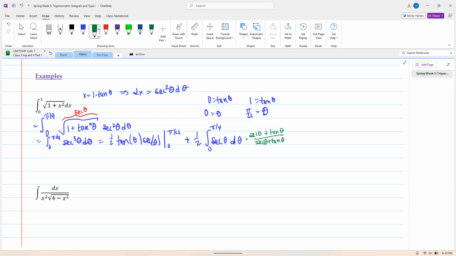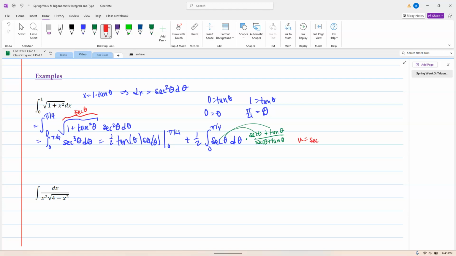The reason I do this is because if I imagine distributing, I'd have secant squared plus secant tangent over secant plus tangent, and what that ends up doing is that I could do a u sub. I'm doing a lot of steps mentally at once. You're welcome to verify it on your own.